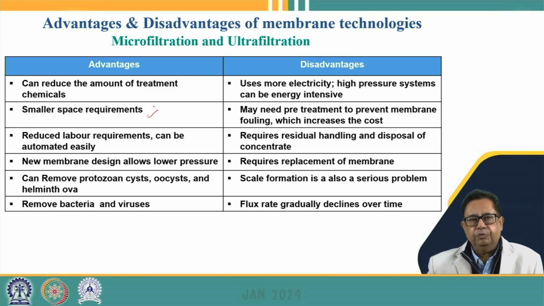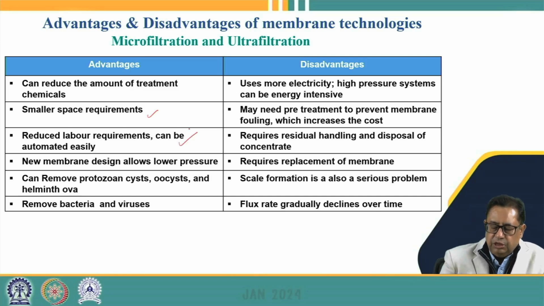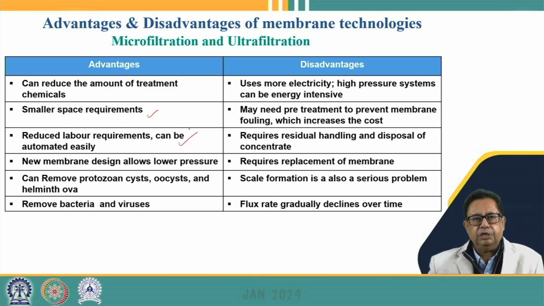Similarly, smaller space requirements are there. It requires a small footprint, and because of the membrane, we have already seen that the secondary settling tank may not be required. Similarly, other filtration units may also not be required. This reduces the space requirement of the bioreactors. It can also reduce the labor requirement, as such systems can be easily automated, and they reduce the staff or the labor involved in the management of such plants.